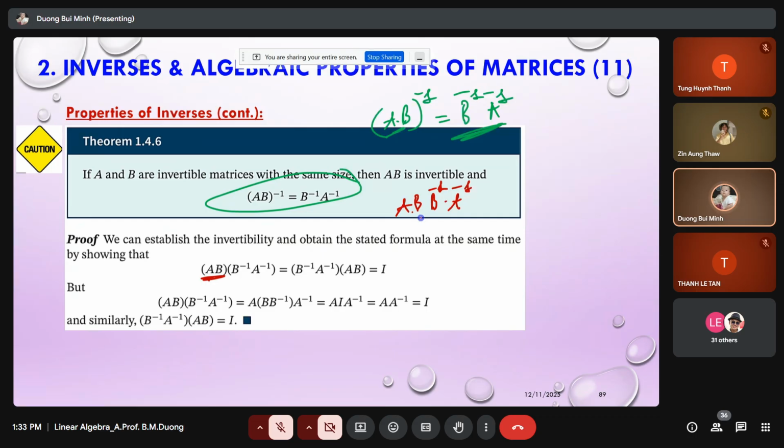So what do we get? We have B and the inverse of B, which gives I. Then A times I is A, and A times the inverse of A is I.